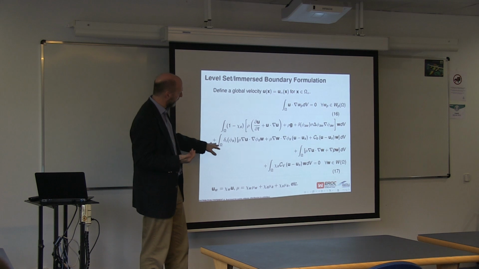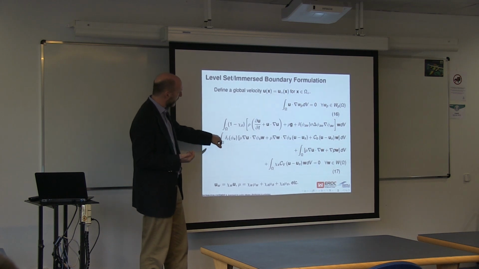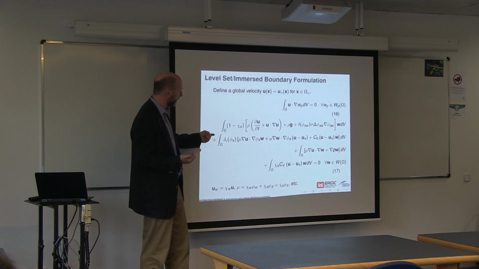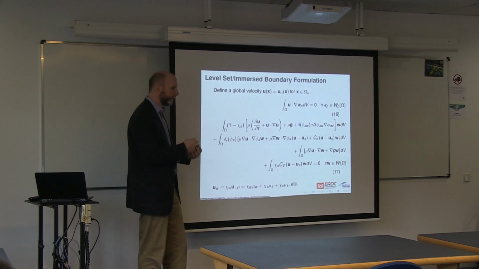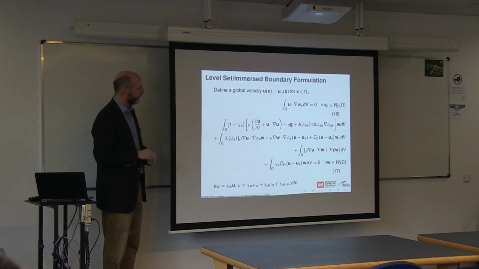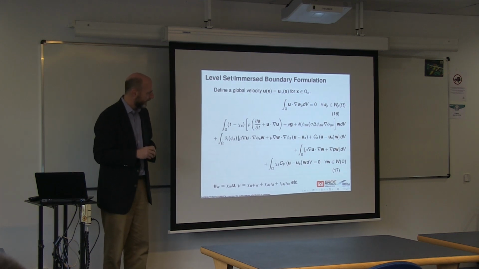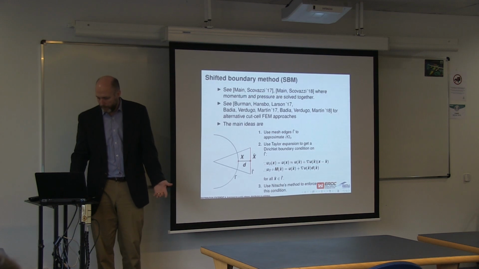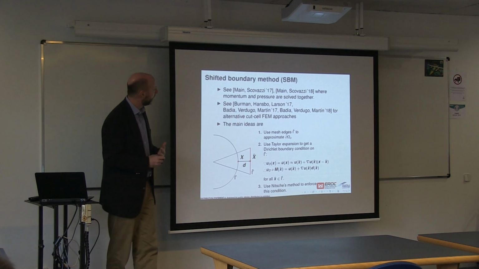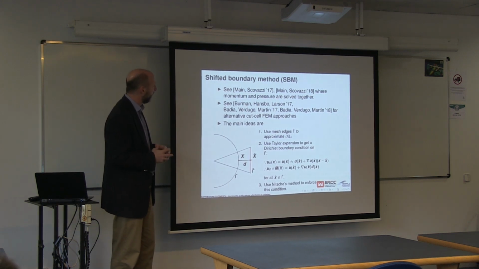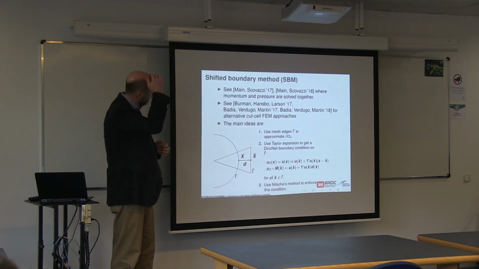The difference here is that we do have kind of formal consistency through this Nitsche type enforcement of the boundary condition, and that also gives us a precise way to evaluate our lift and our drag by calculating the boundary integrals that are appropriate to get the lift and the drag on the immersed boundary. So that's what we put a lot of our time into. We have also been experimenting with something called the shifted boundary method that was recently produced by Scovazzi and Main.